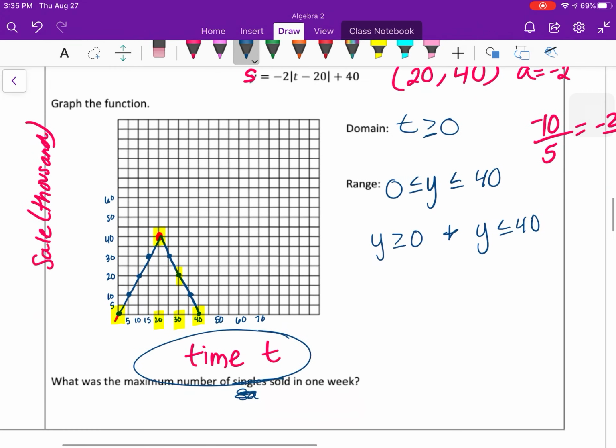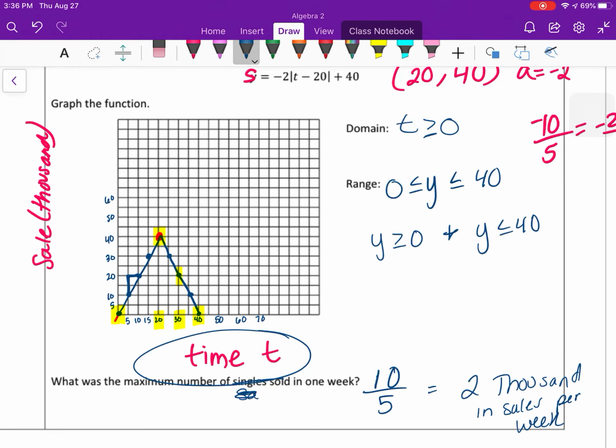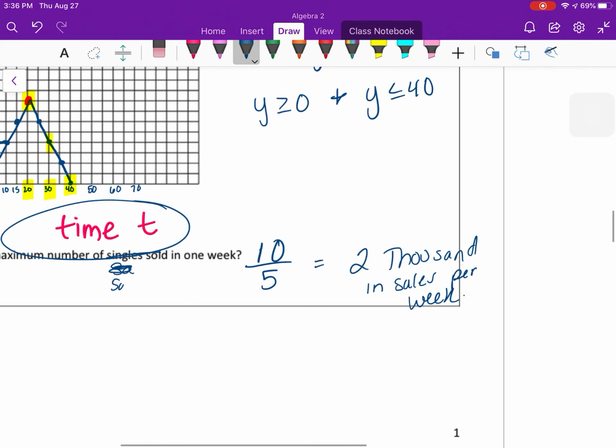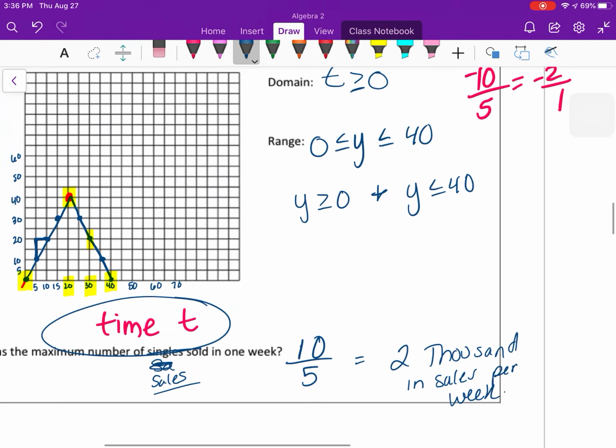It's increasing by 10,000 in sales over 5 weeks, so you get 2,000 in sales per week. I think it should be sales. If I wanted to know how many singles were sold, I would need to know how much each single costs. So it's $2,000 in sales per week.